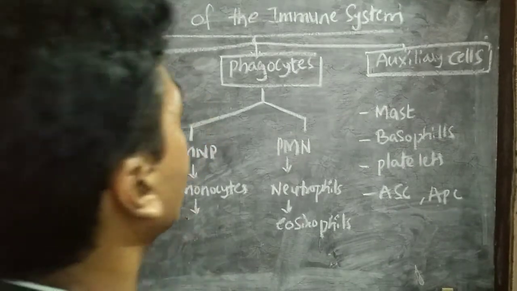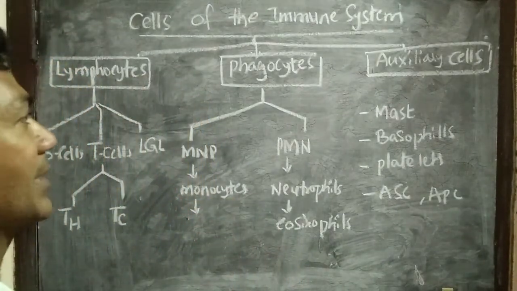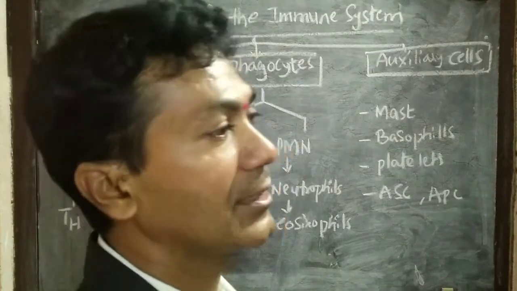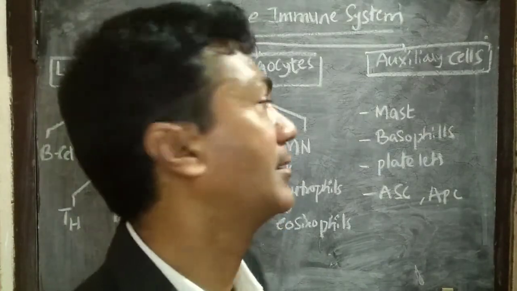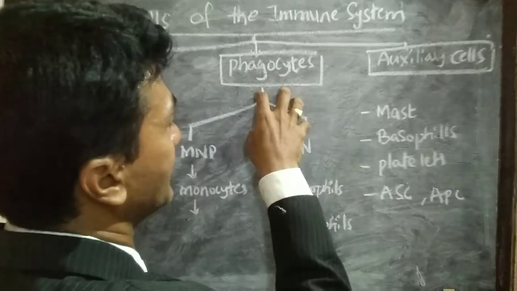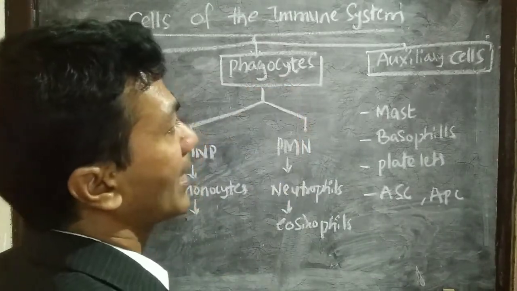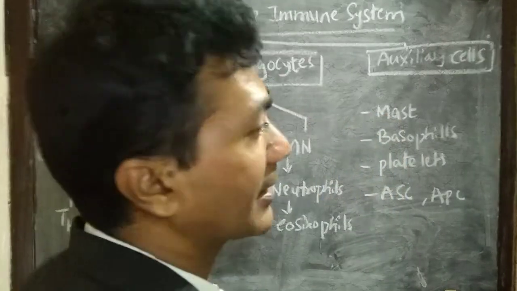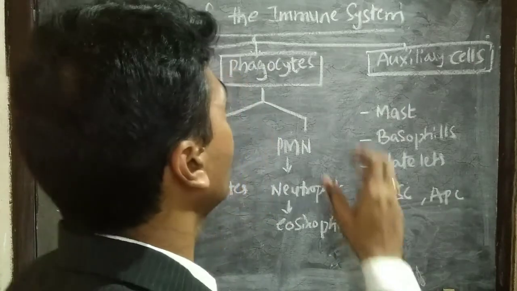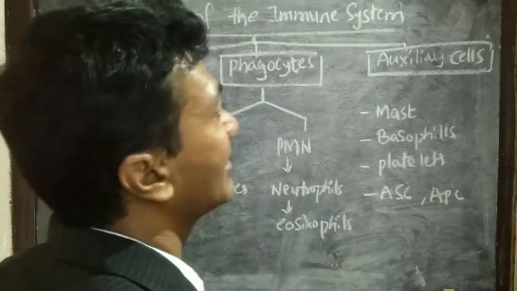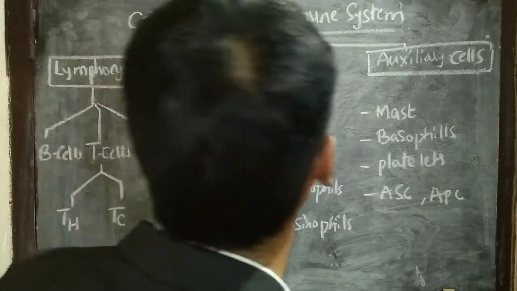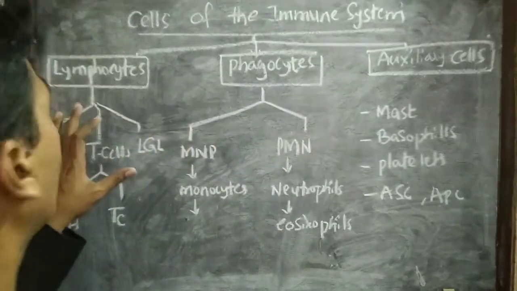Phagocytes support the immune system by taking in and digesting the pathogens. And auxiliary cells are there to support the lymphocytes in recognizing antigens, and to support the phagocytes. So let us go through each and every terminology.